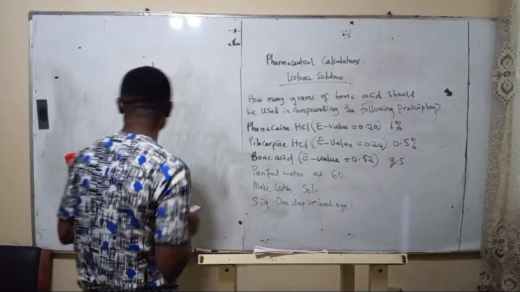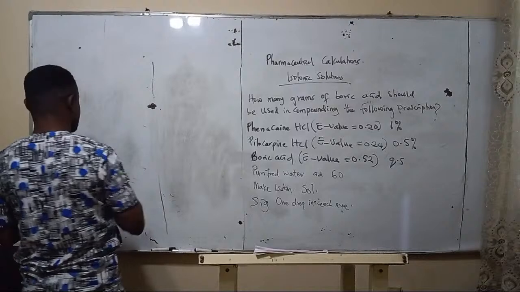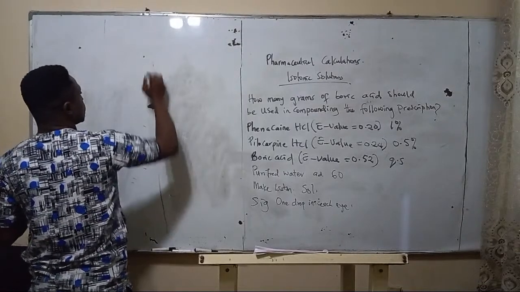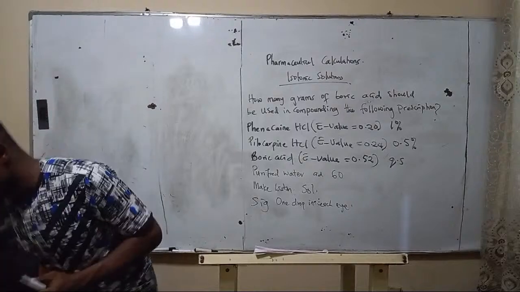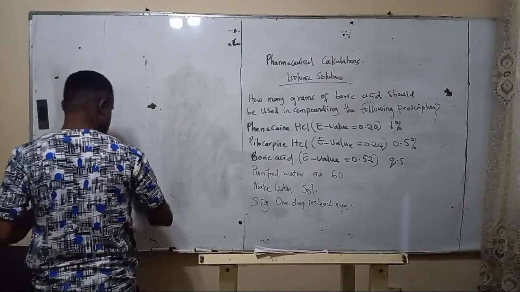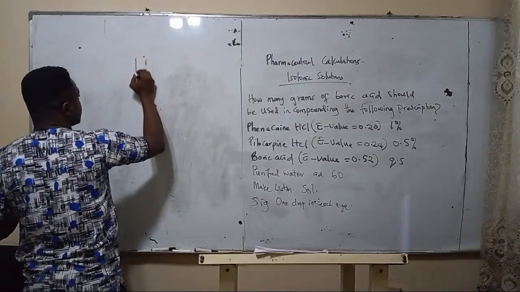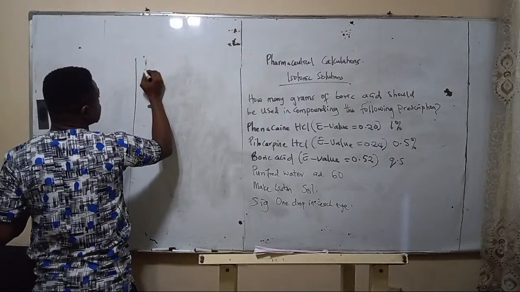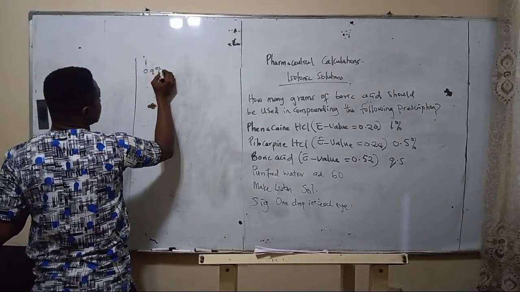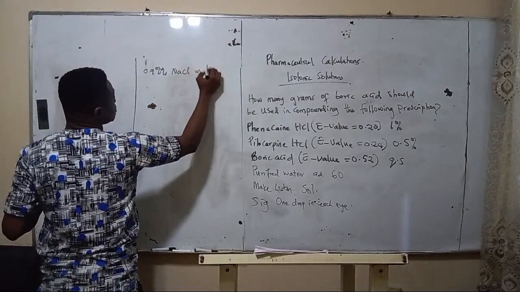So let's find out. We know that 0.9% weight in volume sodium chloride is what? Isotonic.